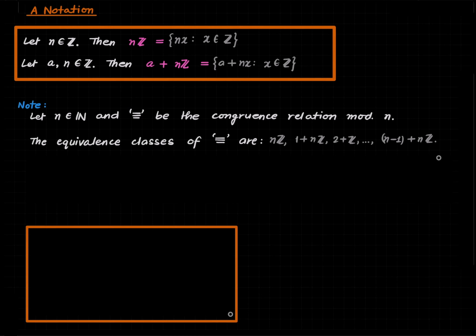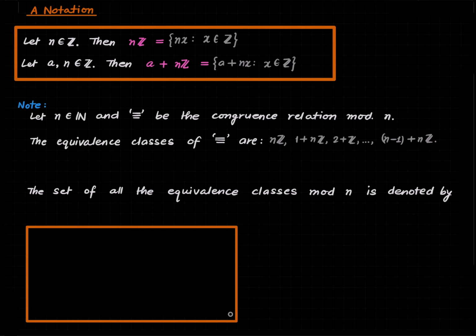Those are the equivalence classes. In case of n equals 4, we saw this on the previous page, but here I encourage you to be fully convinced of this. Do not be in a hurry to move ahead. Try to digest all the notations and the statements.